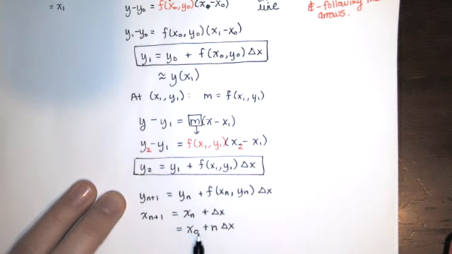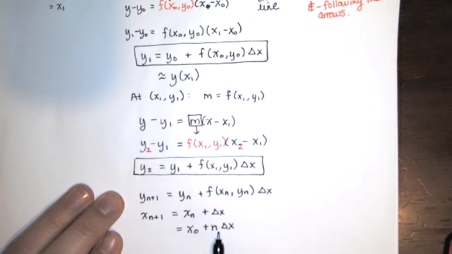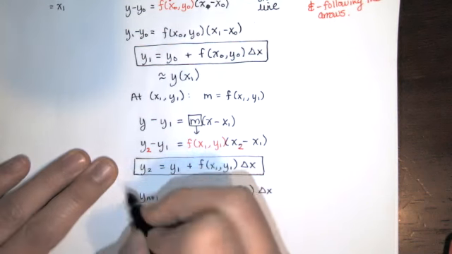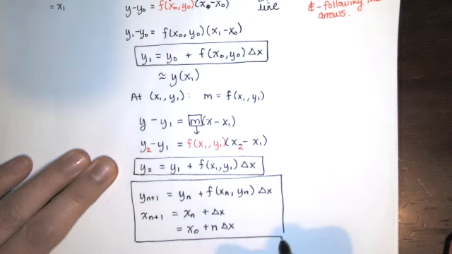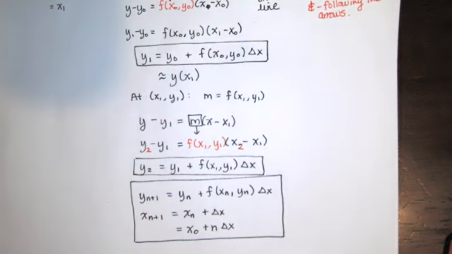Because to get from x sub 0 to x sub 1, we added delta x once. And then to get to x sub 2, we add delta x again. And to get to x sub 3, we add delta x again. So to get to x sub n plus 1, we add delta x n times to that original one. So these are the equations that define our approximations to the solution.